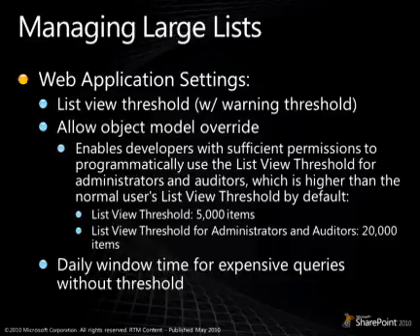This threshold is by default 20,000, which is considerably larger than the default threshold 5,000. We can also configure the daily window time for expensive queries without a threshold. So if, for example, during nighttime there aren't that many active users, we can configure that expensive queries are acceptable in a specific time.